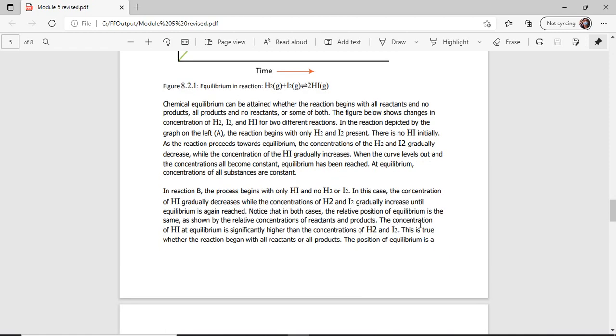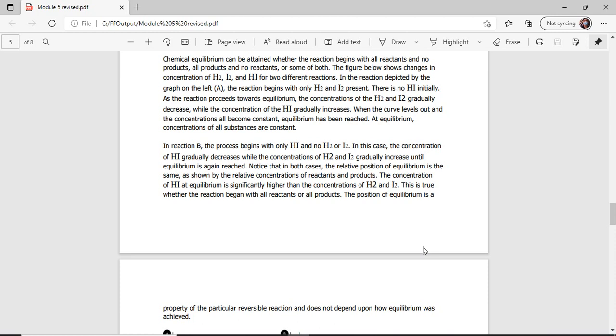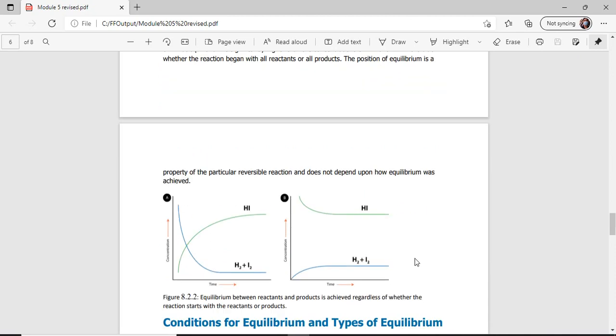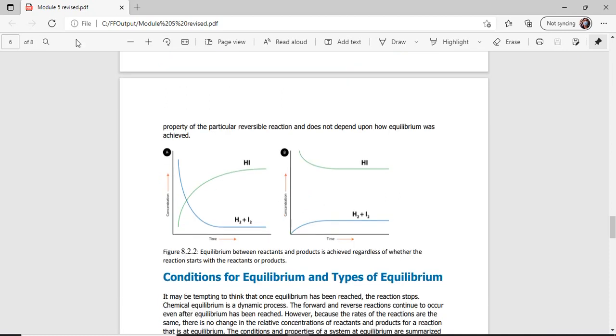The concentration of your HI at equilibrium is significantly higher than the concentration of your H2 and I2. This is true whether the reaction begins with all reactant or all product. The position of your equilibrium is a property of your particular reversible reaction and does not depend on how equilibrium was achieved. We have here the illustration.